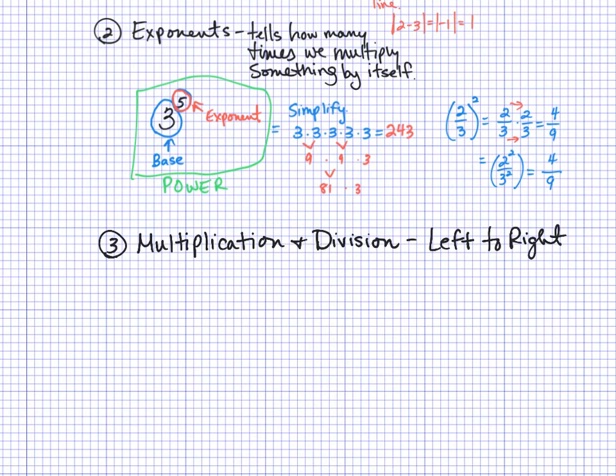Now, sometimes that means division is going to be before multiplication. If the division is further left, then we're going to do that first. Once all the multiplication and division is done from left to right, then we move on to addition and subtraction. And the same rule applies to addition and subtraction: we're going to work on all the addition and all the subtraction left to right.